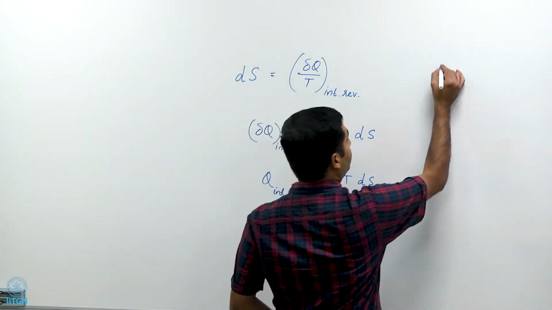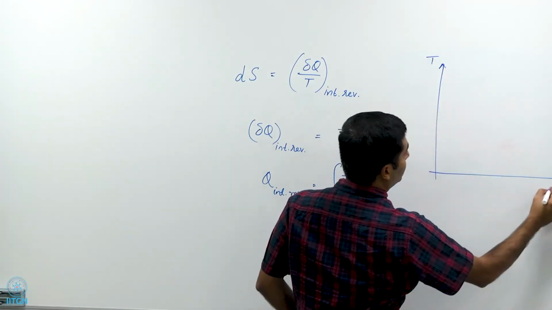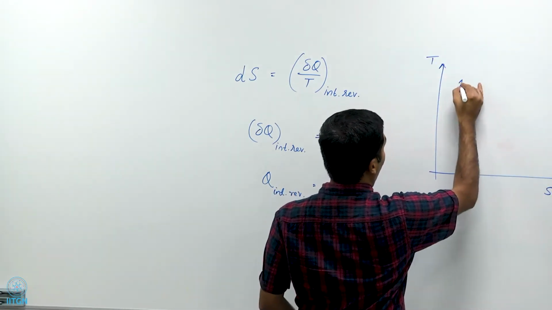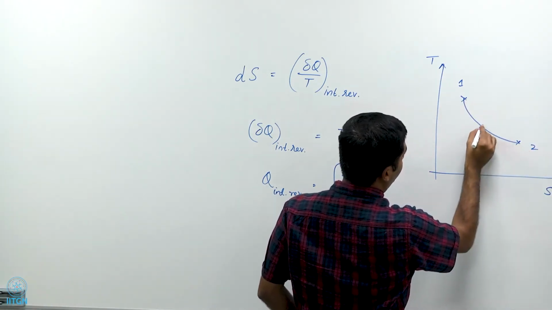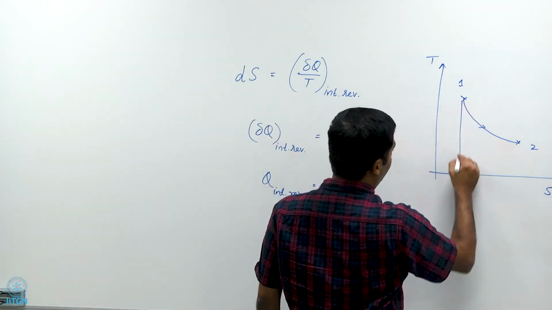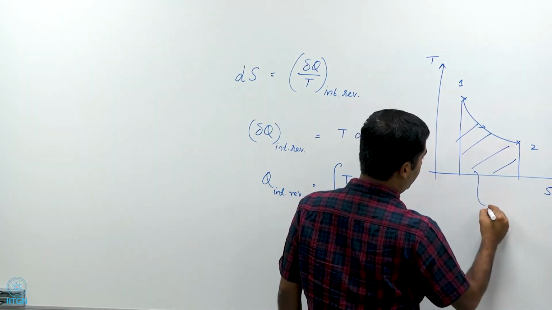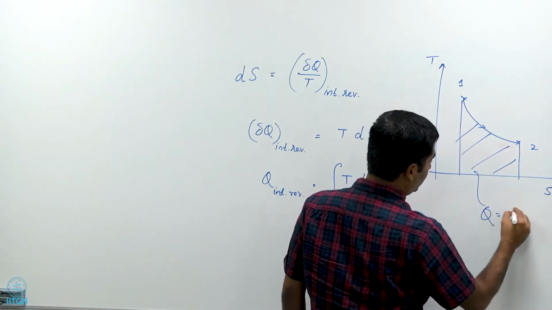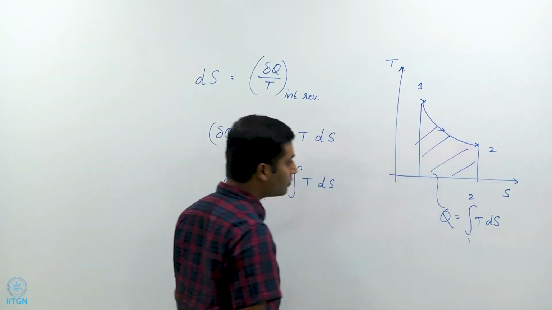So T and S, and let us say state 1 and state 2. So let's say that this happened along that process. Then the area under this curve, this area, is equal to Q, which is the integral T dS between 1 and 2.